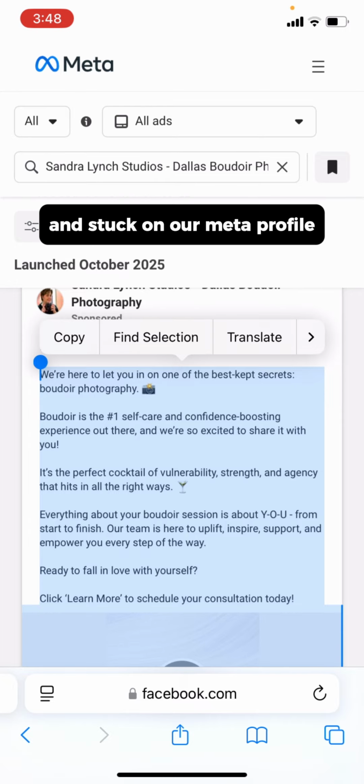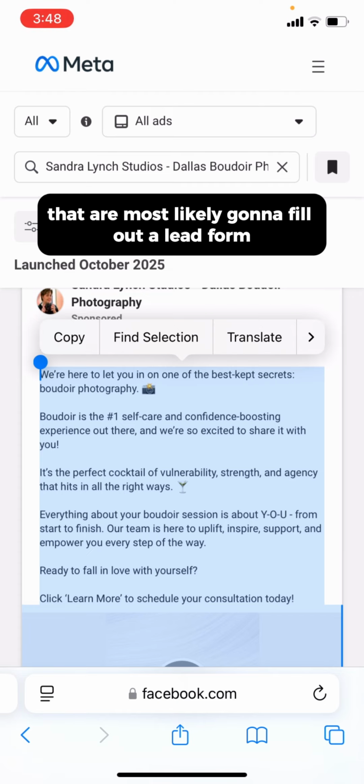Those words get downloaded and stuck on our Meta profile. So basically we're telling Meta, go find the people that are most likely to fill out a lead form.